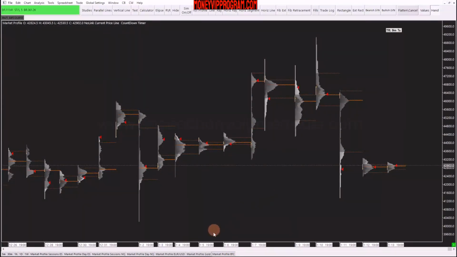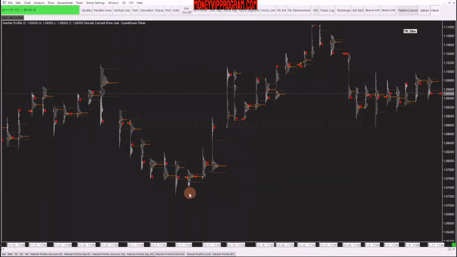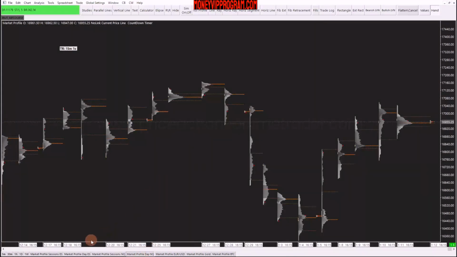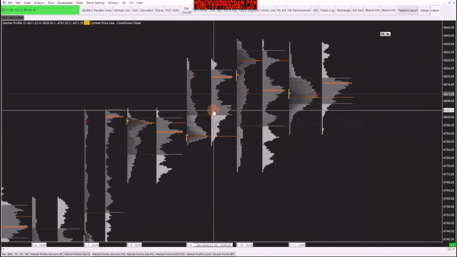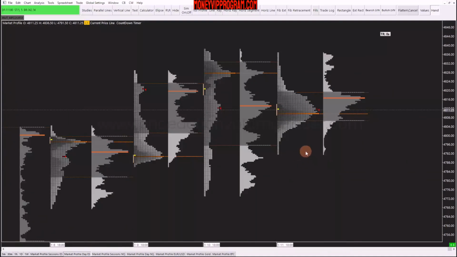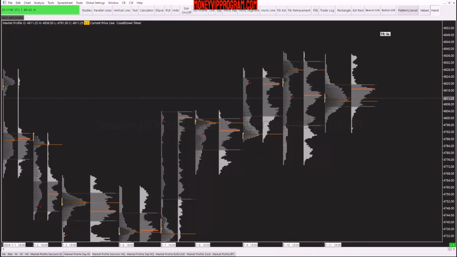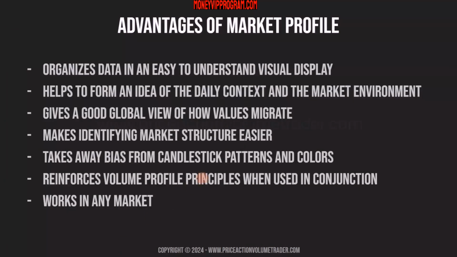There's a Bitcoin market profile, there's gold, there's Euro US dollar, there's the NQ, and there's the ES. All these charts are very customizable. You can use this as a base, just change the symbol and look at any other market you are interested in. That's the great advantage with market profile: it works in any market.